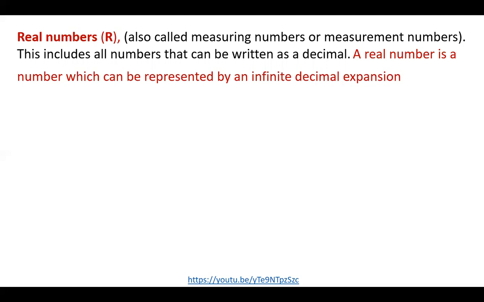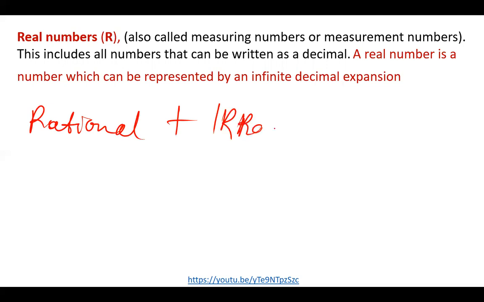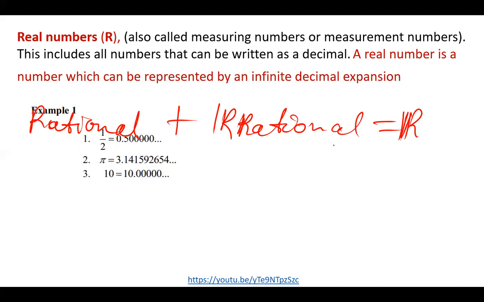When you combine rational numbers and irrational numbers, you come up with a set known as the set of real numbers, and it's denoted by the capital letter R.